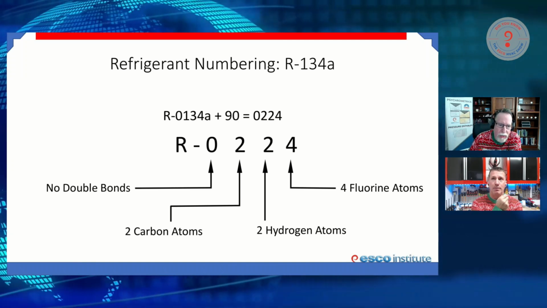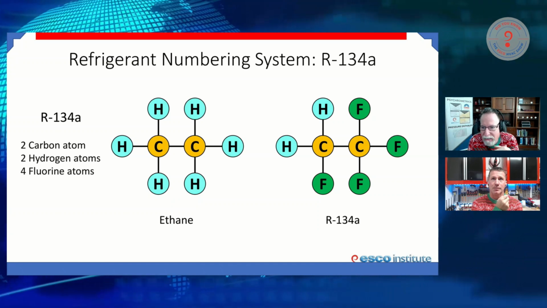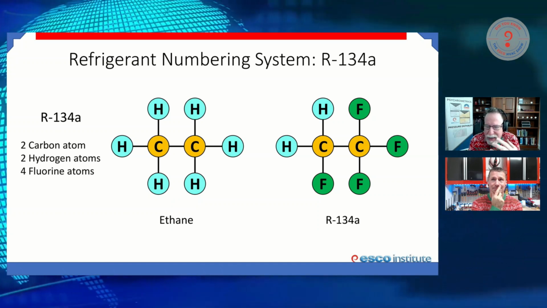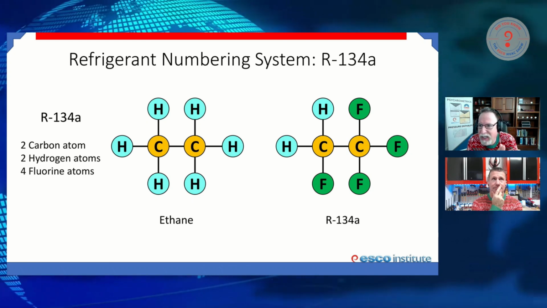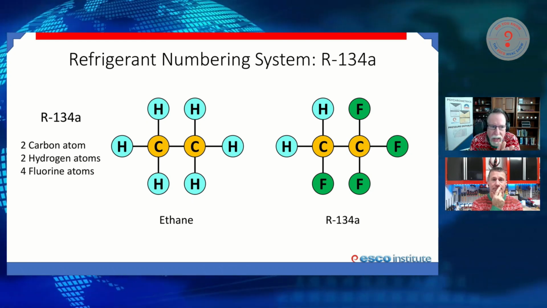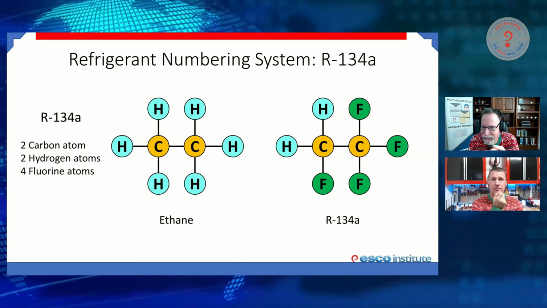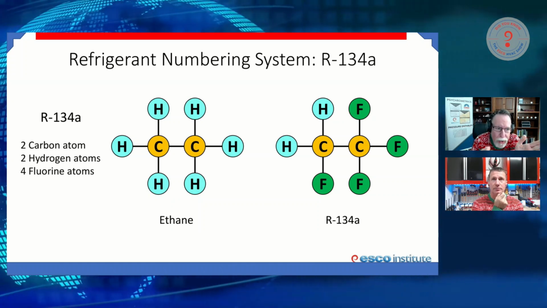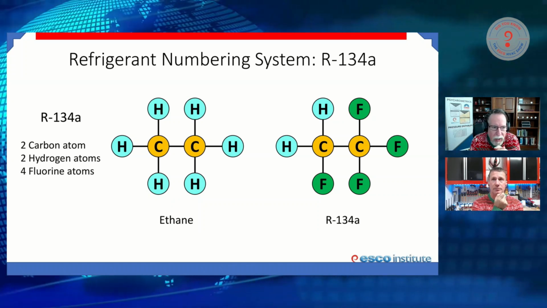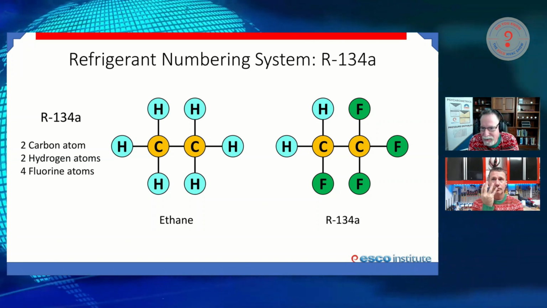So 2 carbon atoms tells us that this refrigerant started life as ethane. An ethane molecule is C2H6, 2 carbon atoms surrounded by 6 hydrogen atoms. So R134a, no double bonds, because it's 0, 2, 2, 4. 2 carbon atoms, 2 hydrogen atoms, and 4 fluorine atoms.